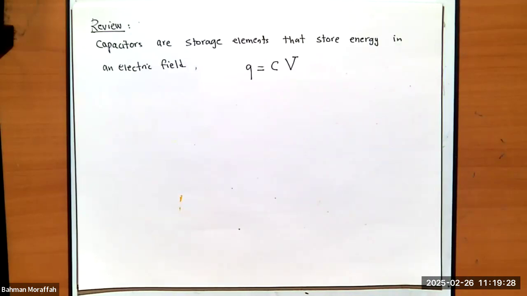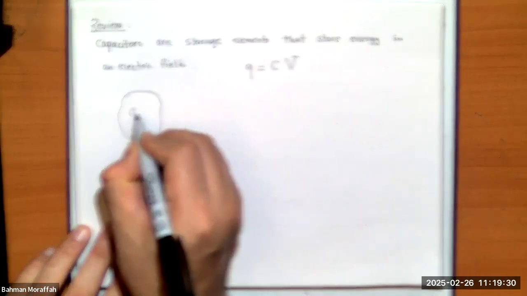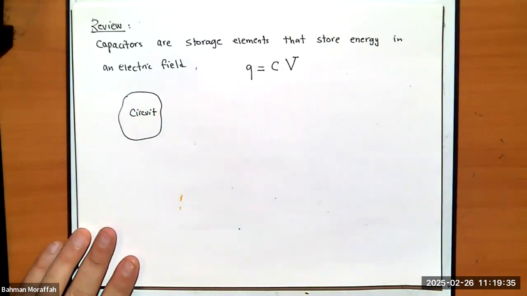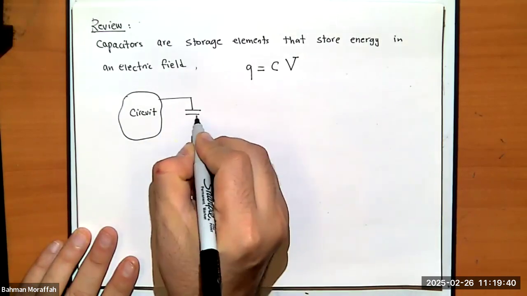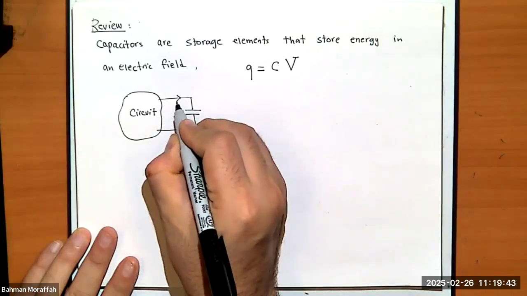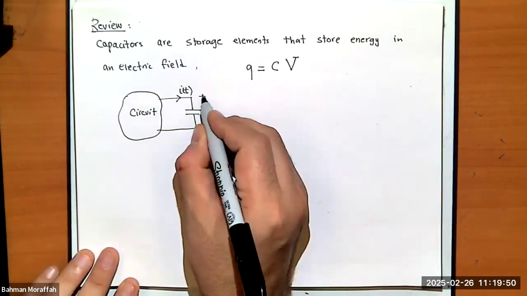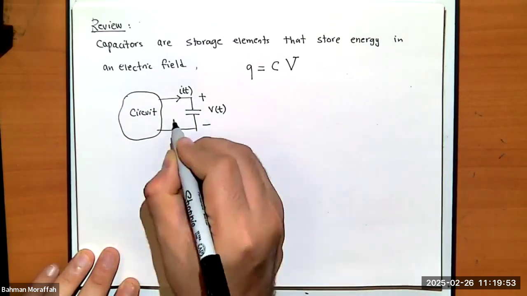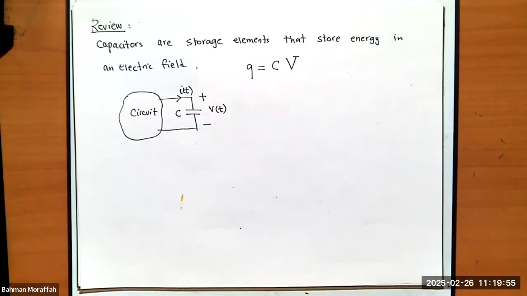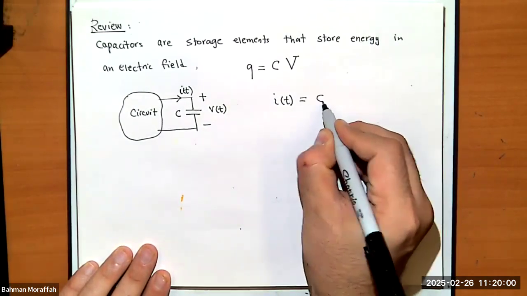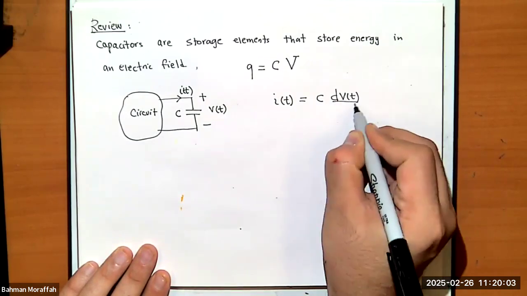And given this, we said if we have a circuit that's connected to a capacitor, if current through the capacitor is i(t), voltage across the capacitor is v(t), and the value of the capacitor is C, current through the capacitor is C dv(t)/dt.